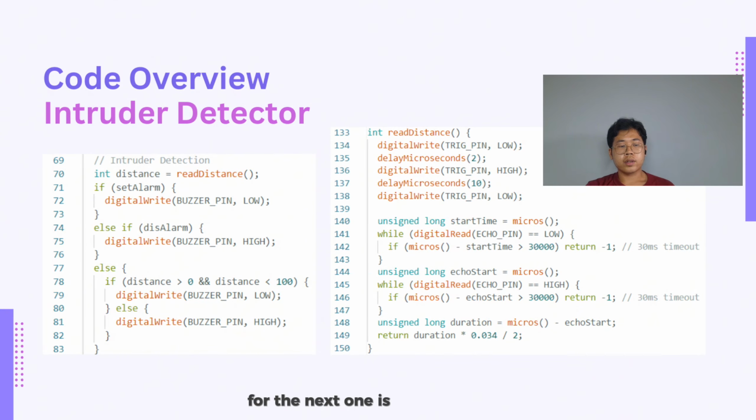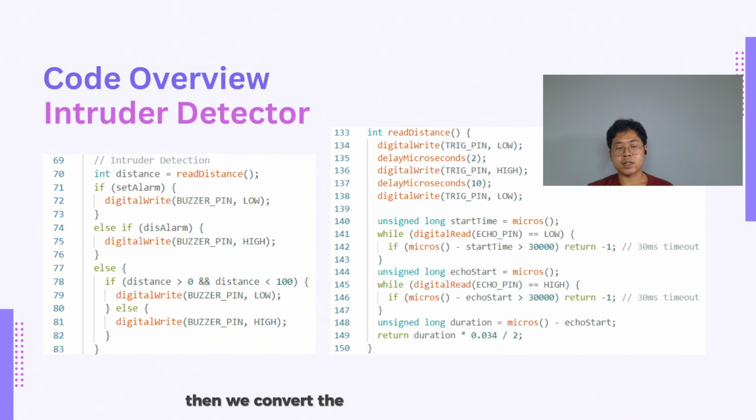For the next one, the intruder detector or the sound system. We measure distance via the ultrasonic device. The concept of ultrasonic is we send a signal of high and low, and we record the time that the signal takes to come back from echo.